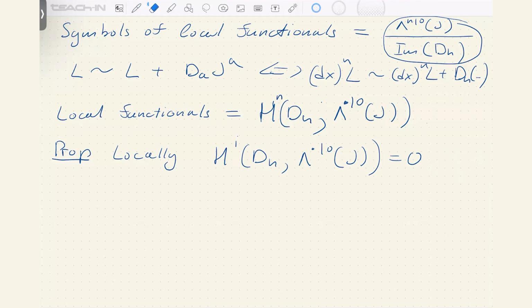So it's empty. It's an analog of the Poincare lemma if you want. So in all intermediate degrees, this cohomology is empty locally.